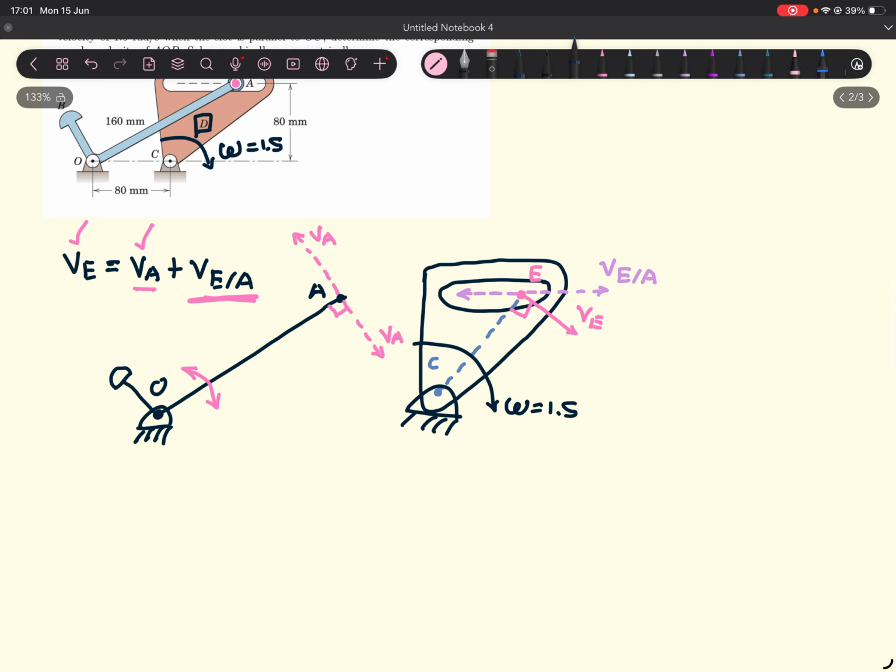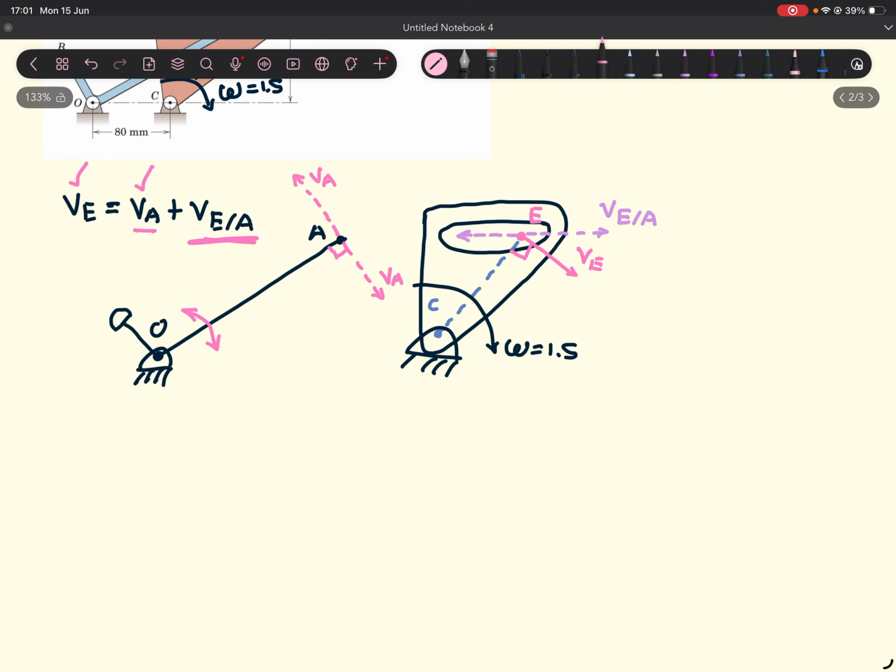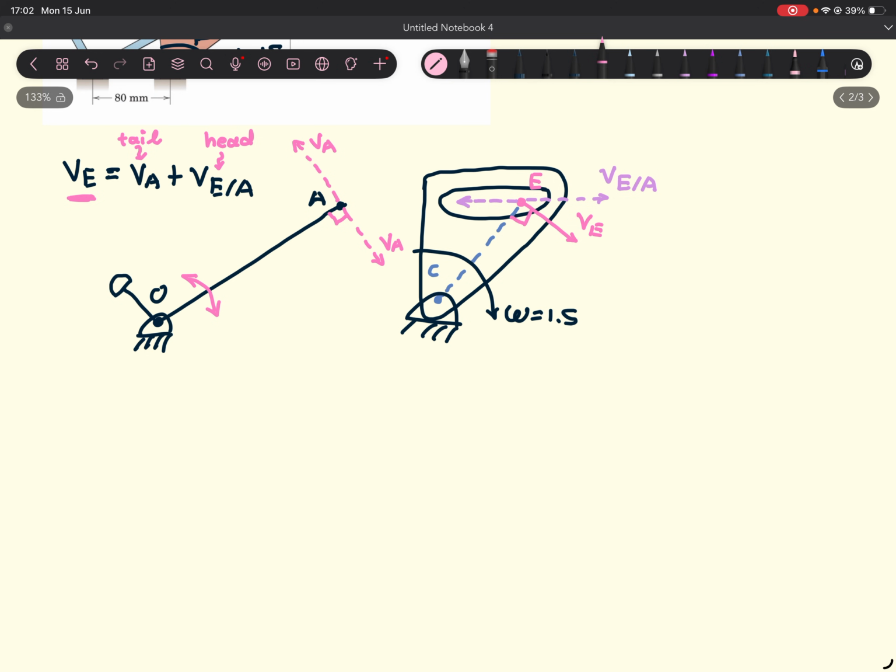Okay, and then I'm going to construct my triangle using all these vectors. I'm going to start with my little phrase, I guess. From left to right, VE must start at the tail of VA and end at the head of VE relative to A. So I'm going to draw in VE first because that's the vector I know the most about.